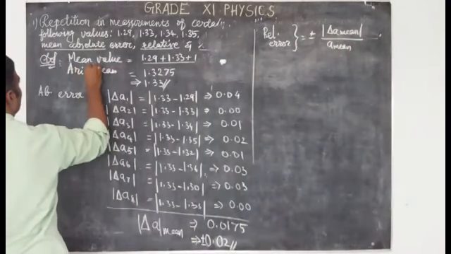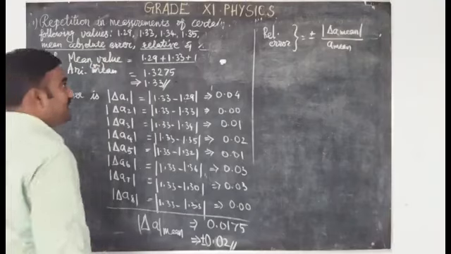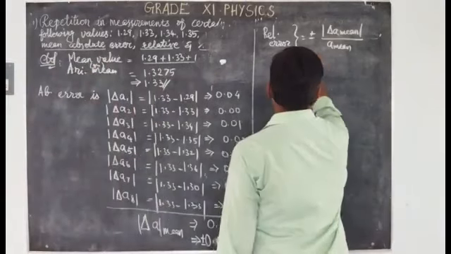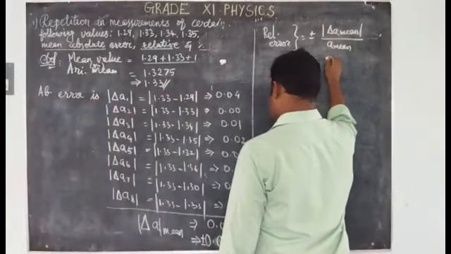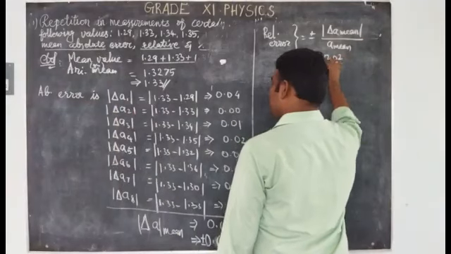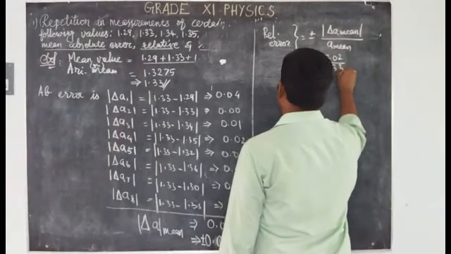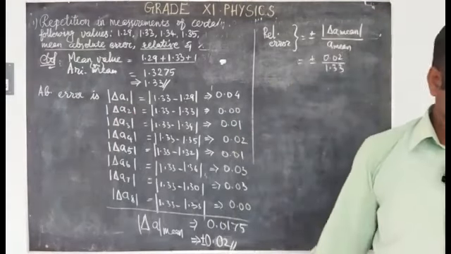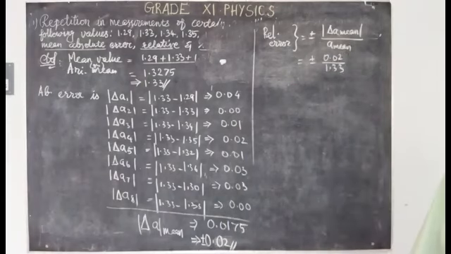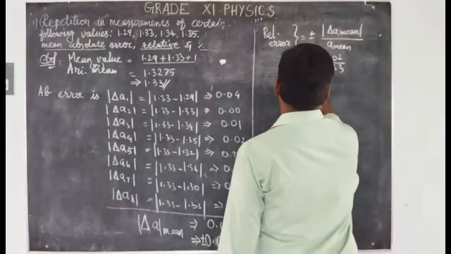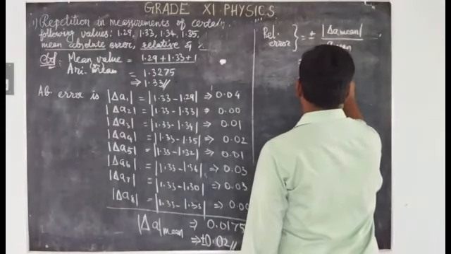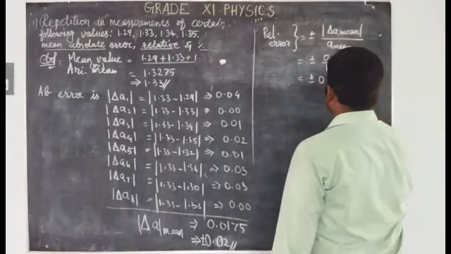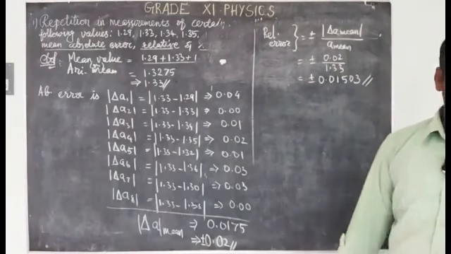By taking the ratio, plus or minus 0.02 divided by 1.33, this is the ratio we have, and this value is plus or minus 0.1503. By taking the ratio, this is the answer you will get.